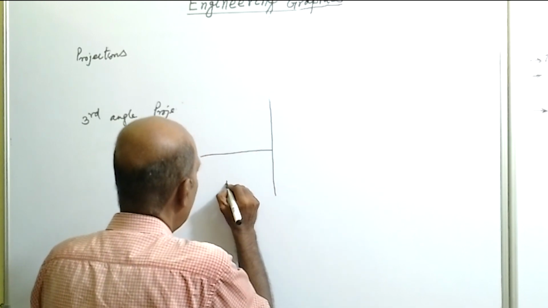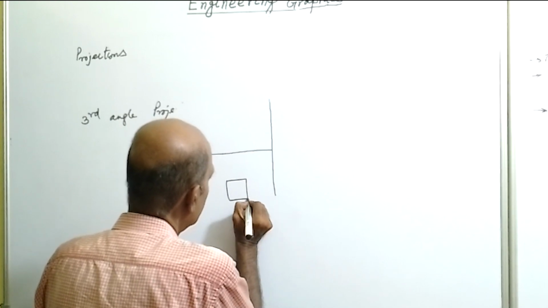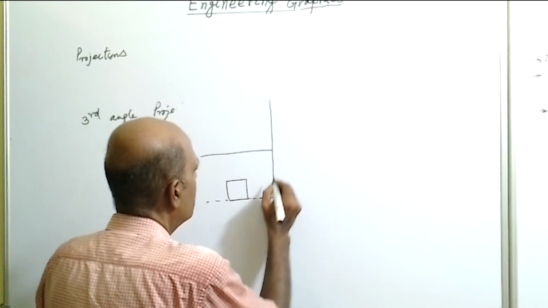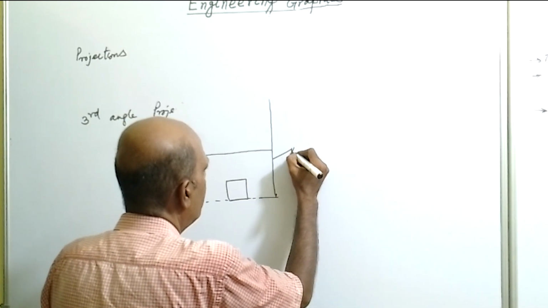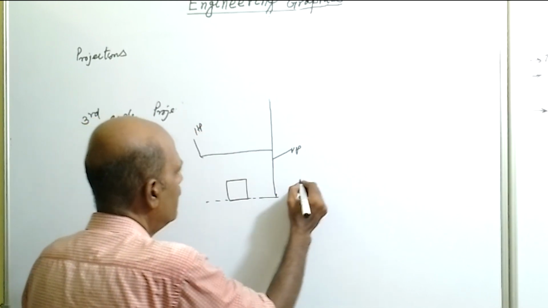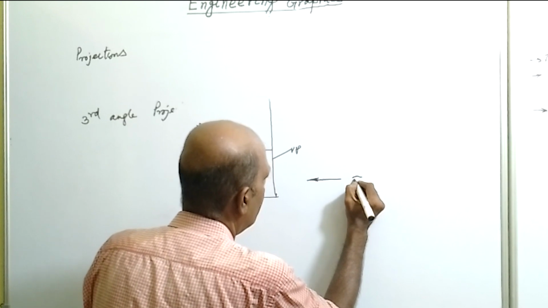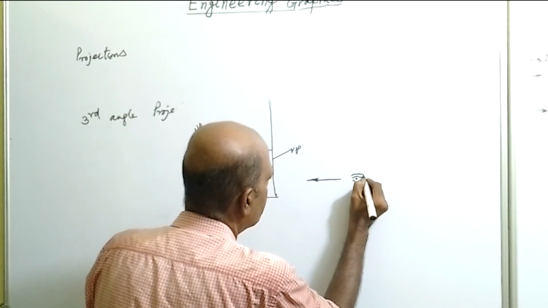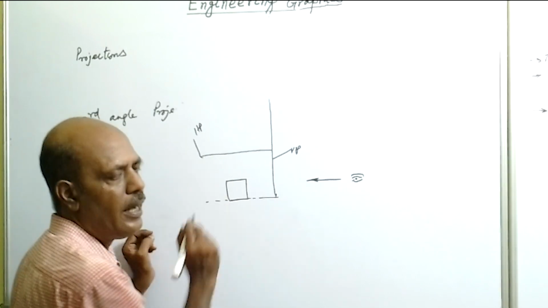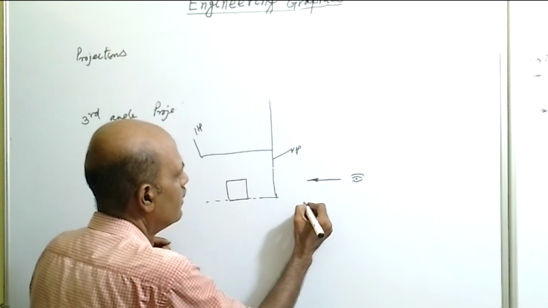So the object is placed here, say on the ground. The object is placed on the ground, third quadrant, it is on the ground. Now this is your vertical plane and this is your horizontal plane. Now if the object is looked at from the right, the observer is at the right. So if the observer looks at the object, here we assume that the projector is transparent.